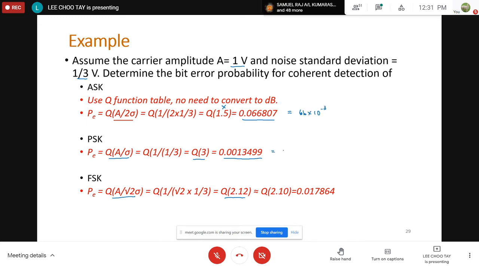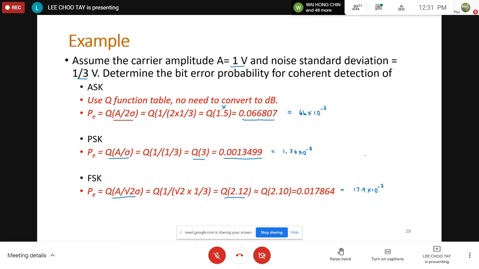This one is 1.34 times 10 to the power of minus 3. And this one is about 17.9 times 10 to the power of minus 3.